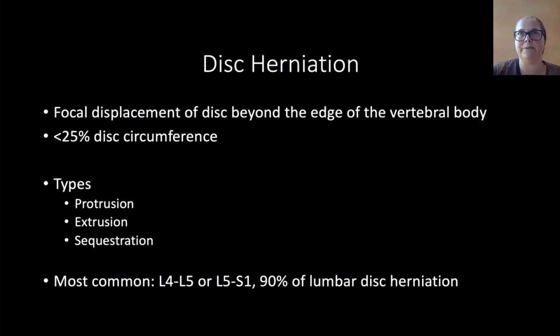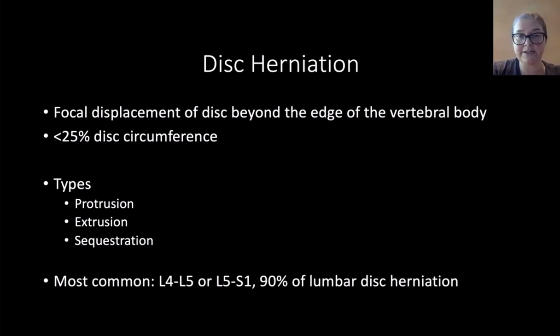You'll see some people put in HNP. I've seen occasionally, so herniated nucleus pulposus. Herniation is sort of an umbrella term and can be subdivided into 3 different entities: a disc protrusion, an extrusion, and a sequestration or a sequestrated disc.